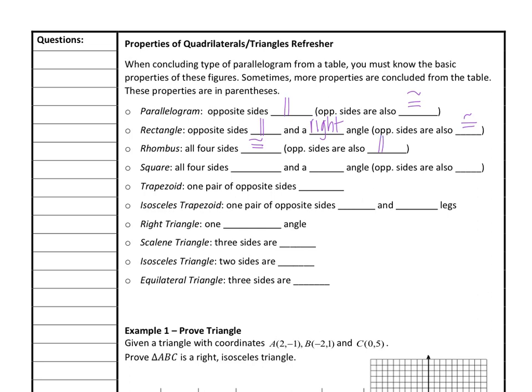Now, a square, if you think of your PRRS that Wesley was talking to you about last video, you have parallelogram breaks down into rectangle or rhombus, but rectangle and rhombus together make a square. So a square has all those properties from up above it, which means that it has four congruent sides and a right angle, but opposite sides are also parallel.